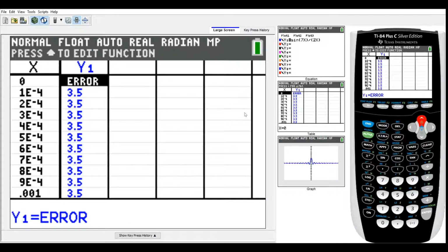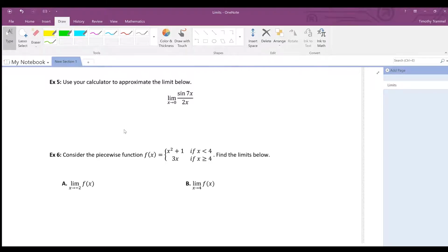So it looks like we're approaching 3.5, and now we can fill in our answer: 3.5 or 7/2.